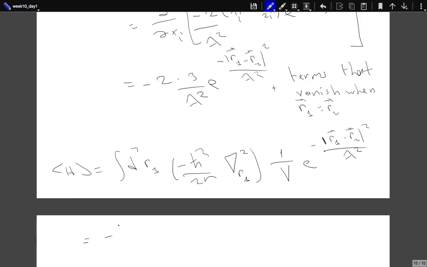This is equal to minus h bar squared over 2m times the integral d cubed r1 of 1 over V times minus 6 over lambda squared times 1, because now I set r1 equal to r2.